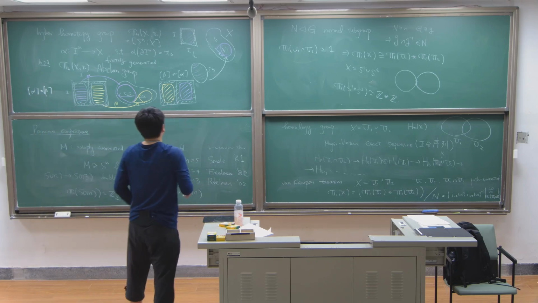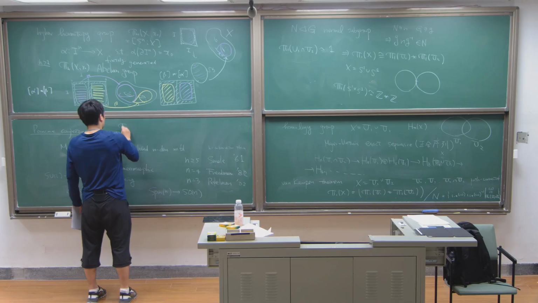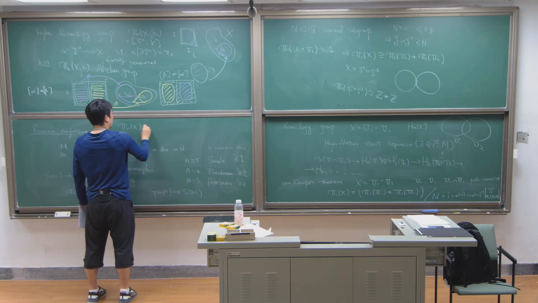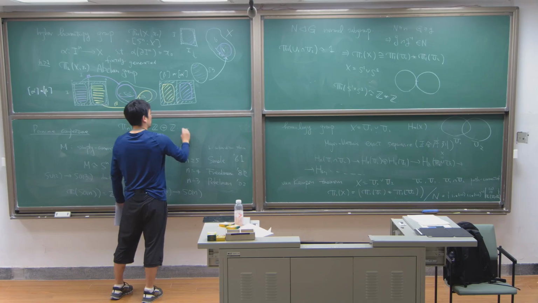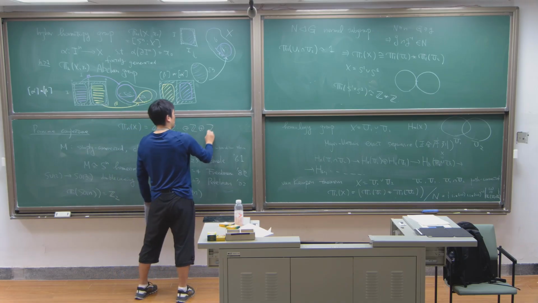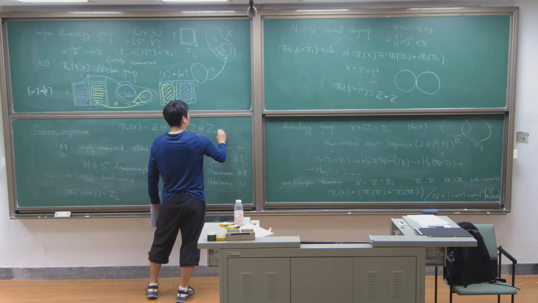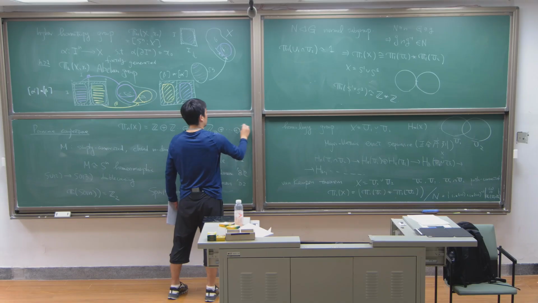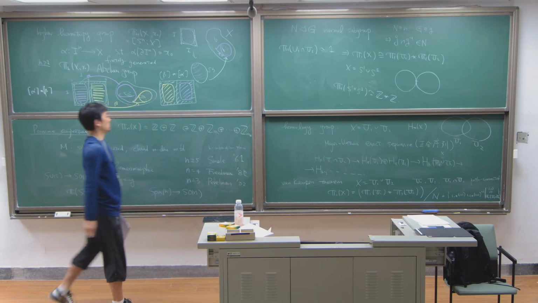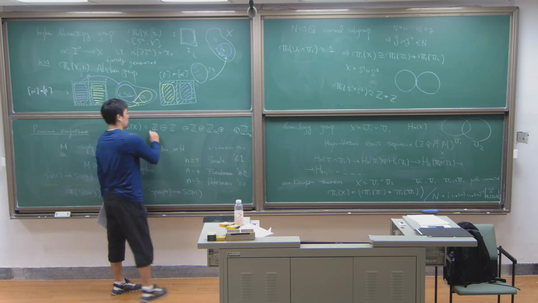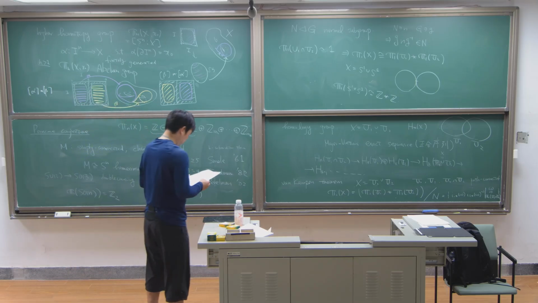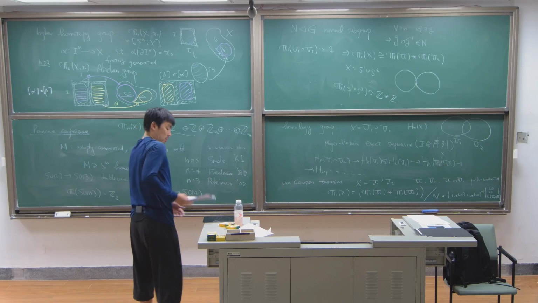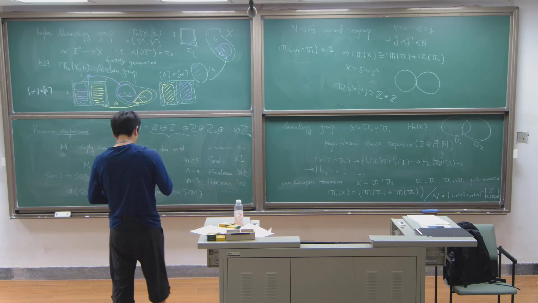So the homotopy group is a finitely generated abelian group, something like Z to the R plus the torsion part. This is called the free part, as far as I know.